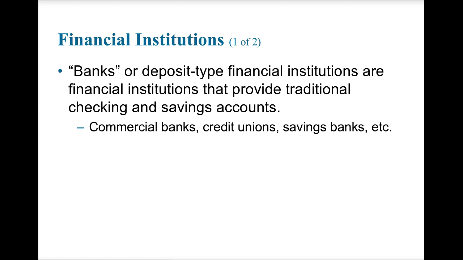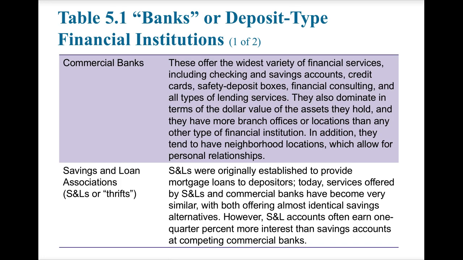The commercial banks are going to have a bigger network of banks. If you look at a Chase or a Citibank or a TD Bank, they're all across the country and sometimes across the world.